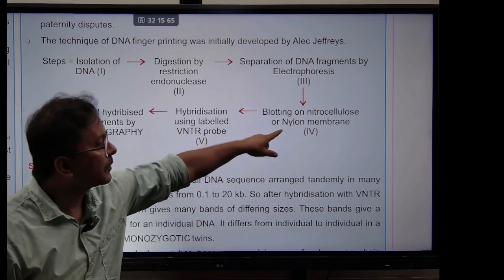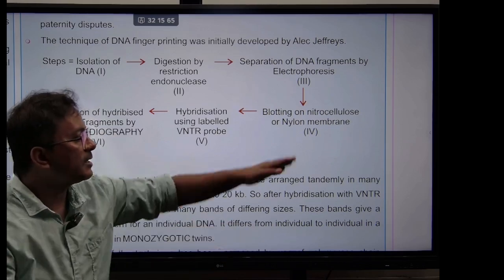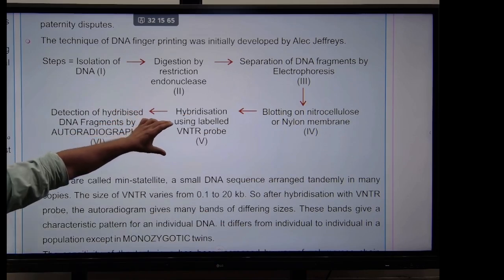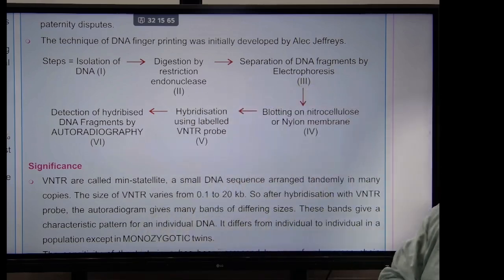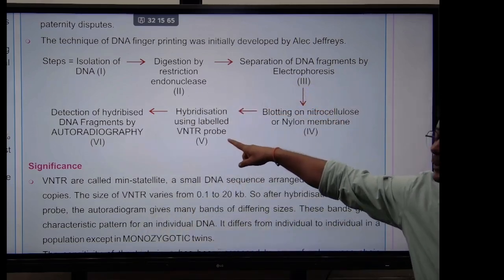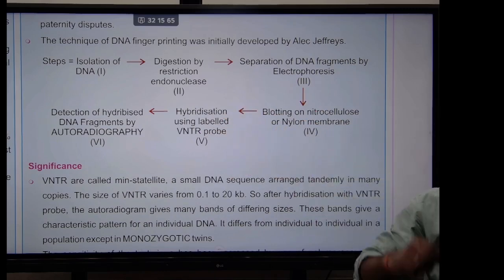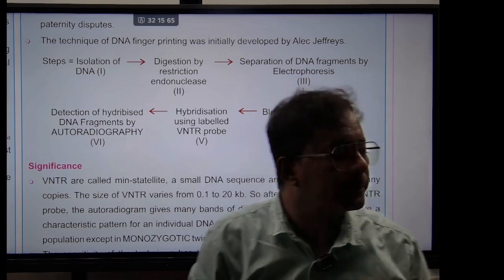Then you transfer them onto a membrane called a nitrocellulose or nylon membrane. Then, using variable number tandem repeats, we hybridize them using VNTR probes. Then we detect the hybridized DNA fragments by a method called autoradiography, based on the patterns.